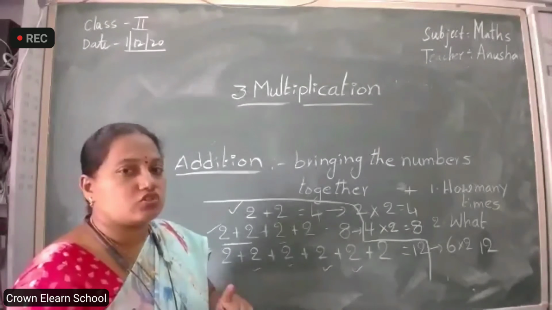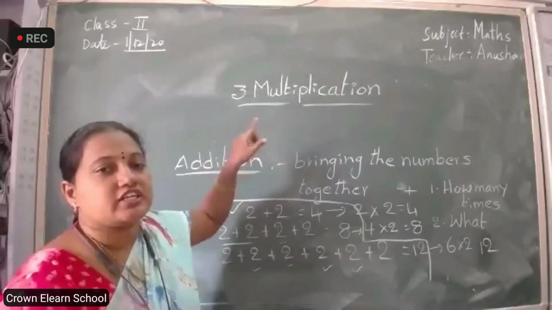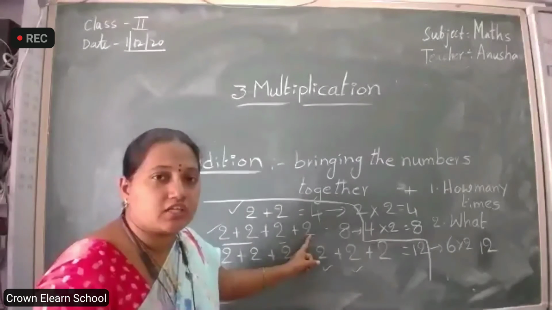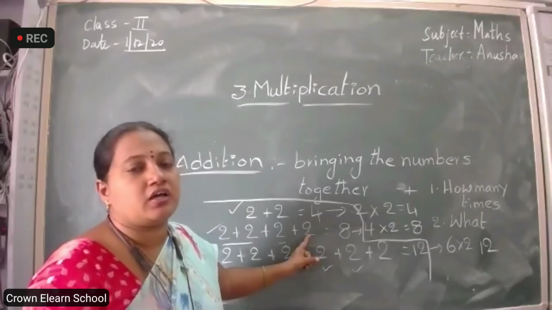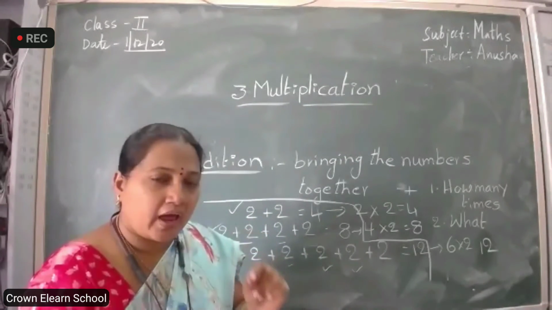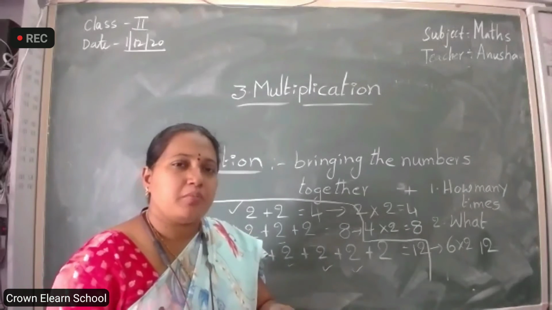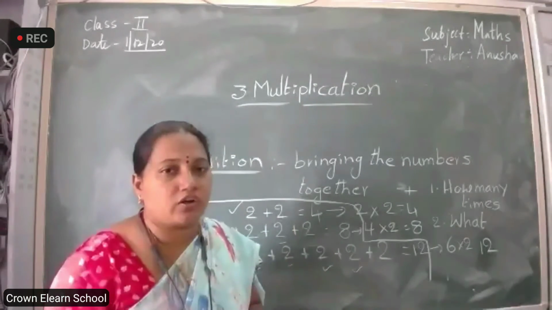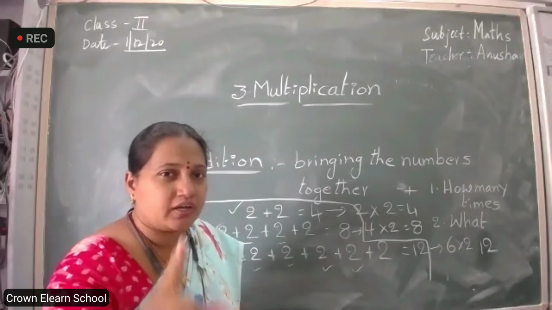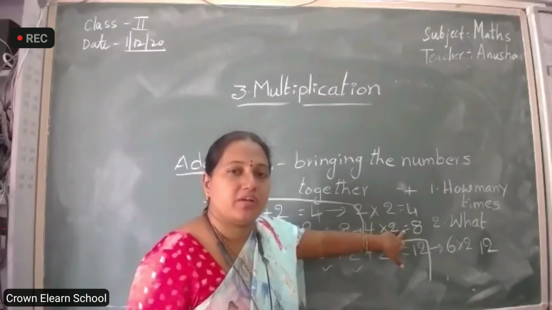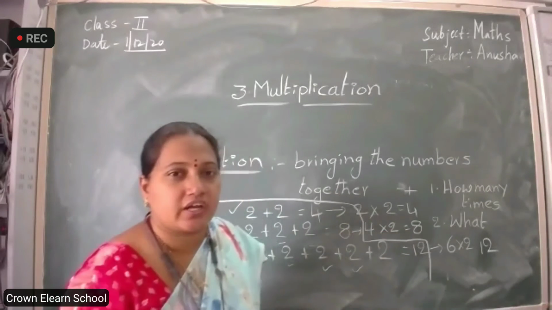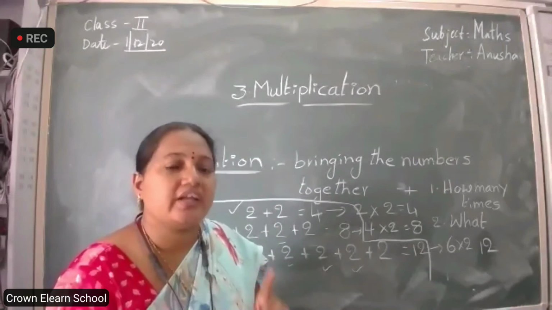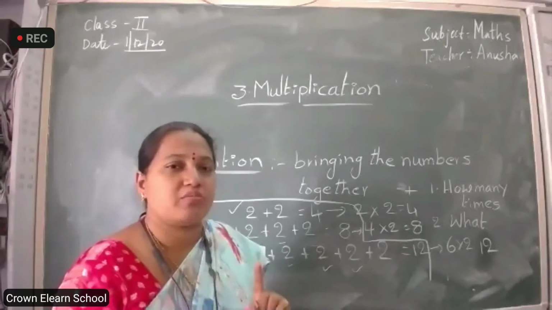So, multiplication is nothing but repeated addition of the same number. Suppose we want to add any number many times repeatedly, if we want to add one number many times, then we go for multiplication. Understood? Multiplication is nothing but repeated addition of the same number.